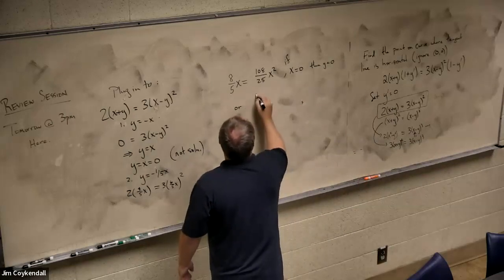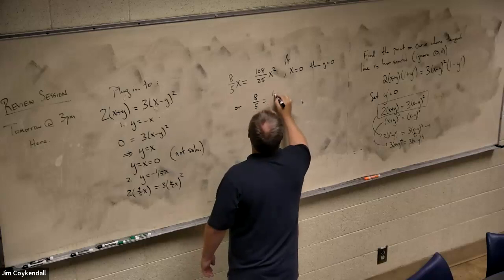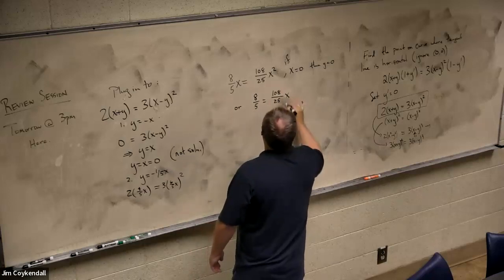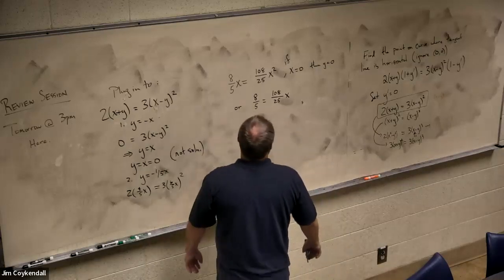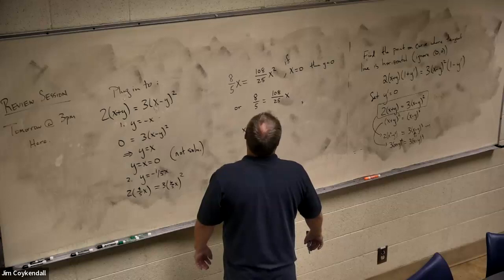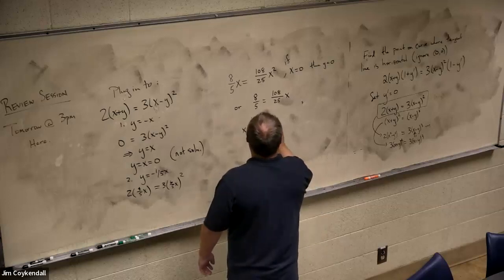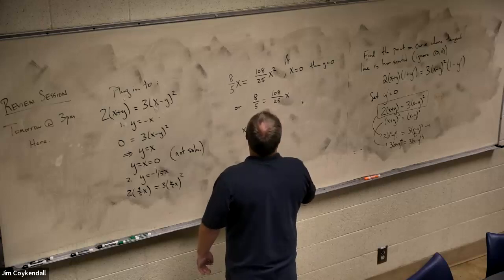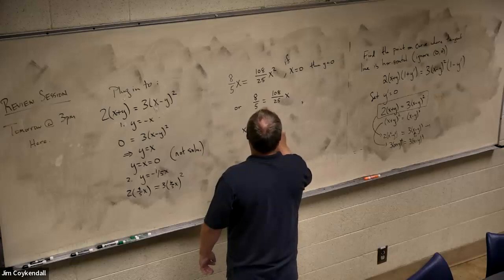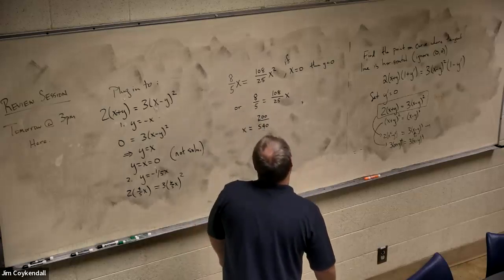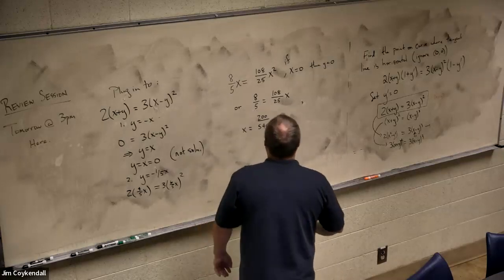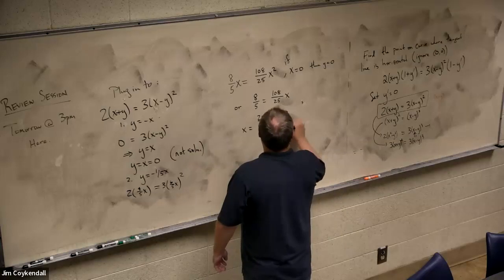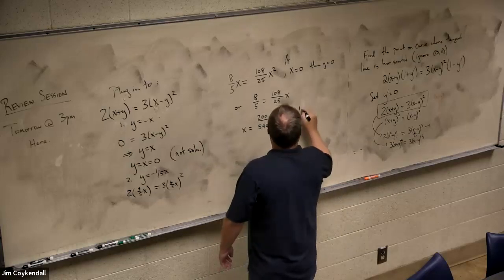Or 8/5 is equal to 108/25 x, which means x is 200 over 108, and this should simplify down to 50 over 27.